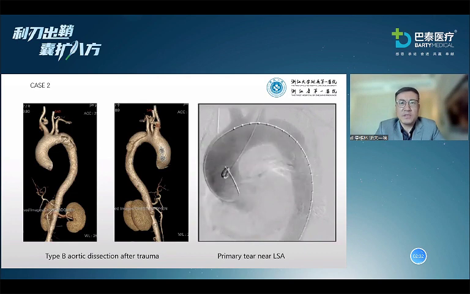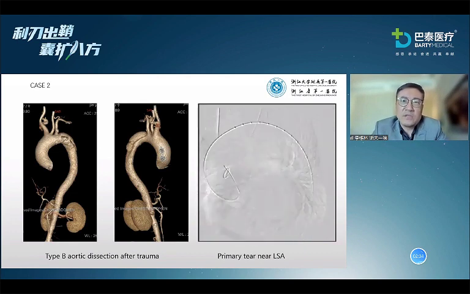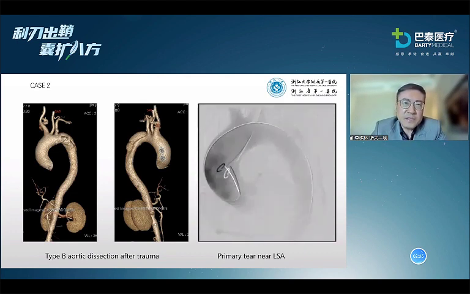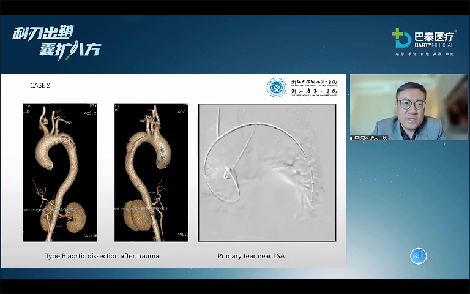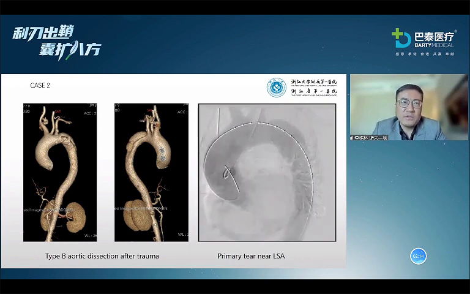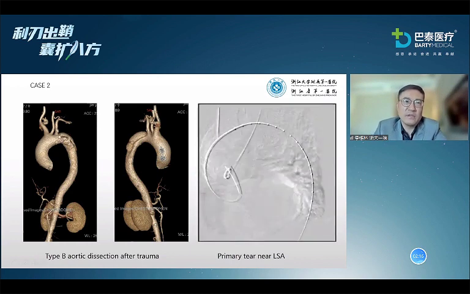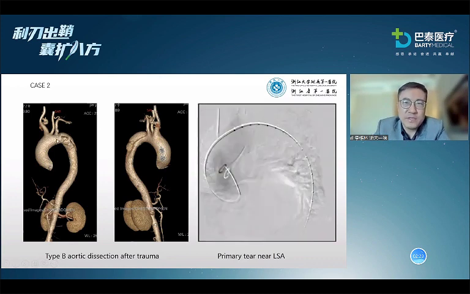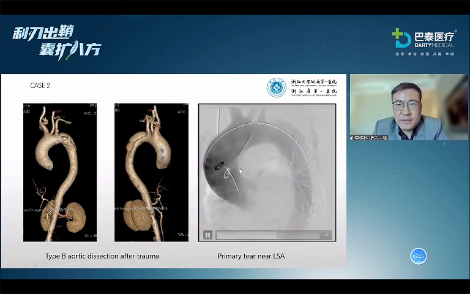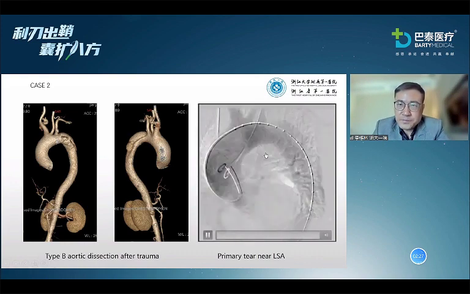I would like to share with you a case. So we use it in aorta, and it's an acute trauma, and the trauma leads to the aortic dissection and left subclavian leakage, and we need to cover the left subclavian artery.